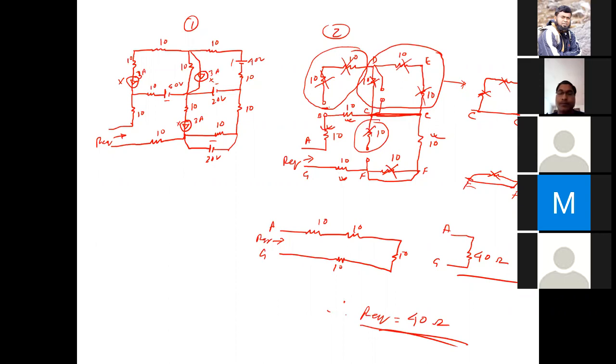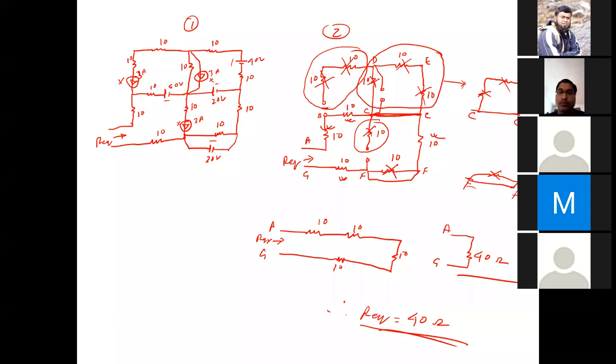So now we start our next part. We need a source. You know that sources are of two types. One is the current source, another is the voltage source.